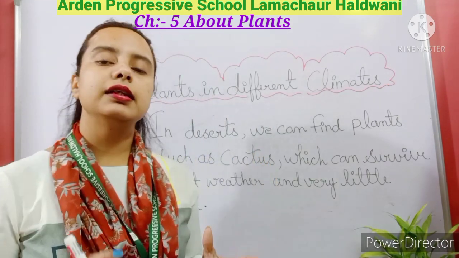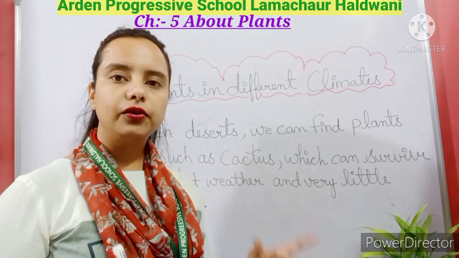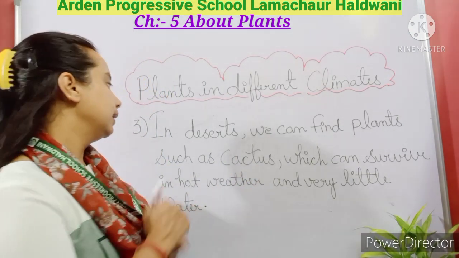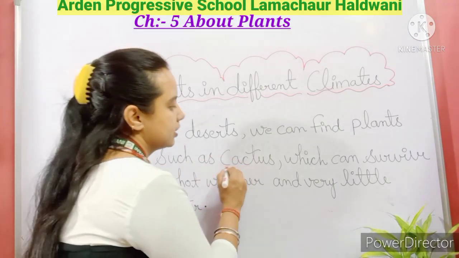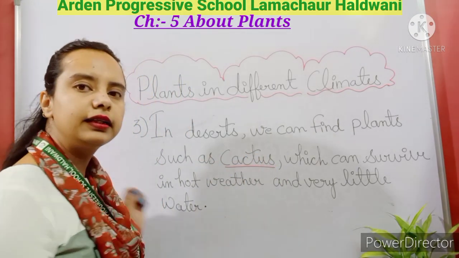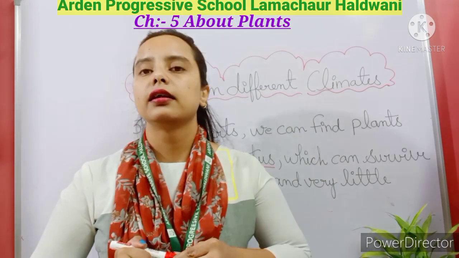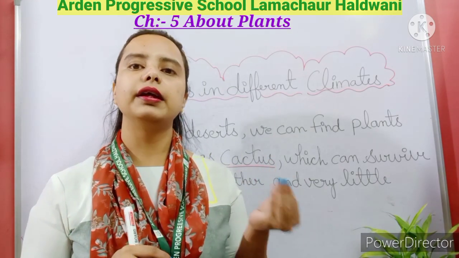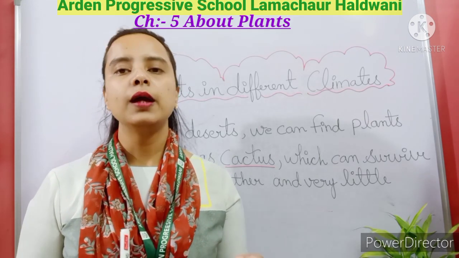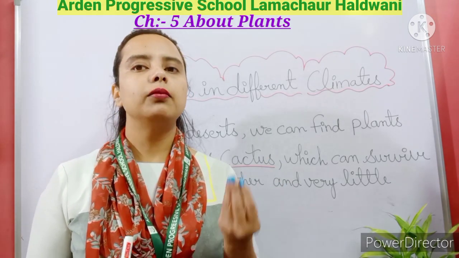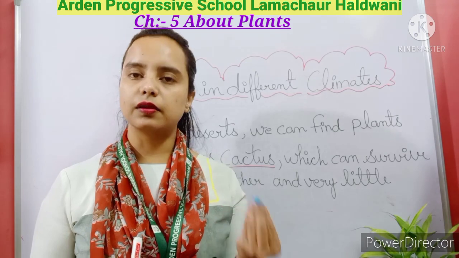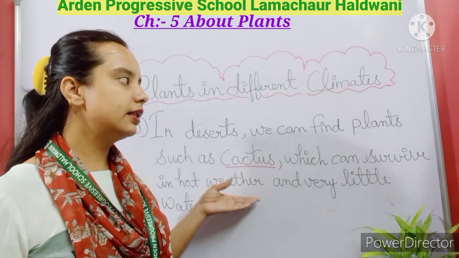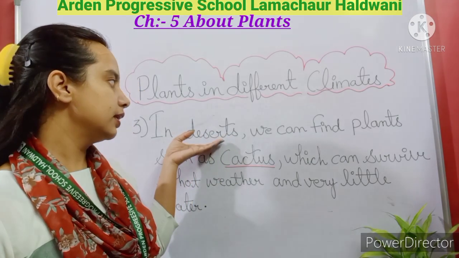The weather is also very hot and the soil is dry, so that's why there we can find plants such as cactus. Cactus can easily grow in deserted areas, in hot places with very little water. Cactus needs a very small amount of water to survive. So that's why the cactus can easily grow in deserted areas.